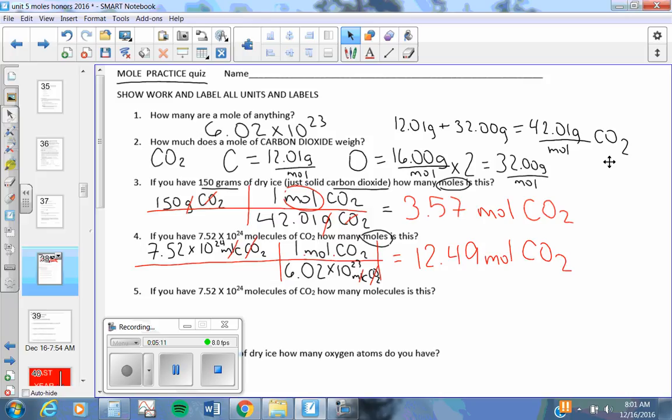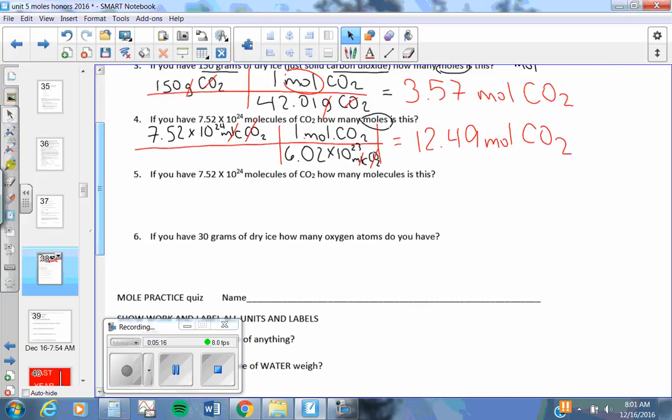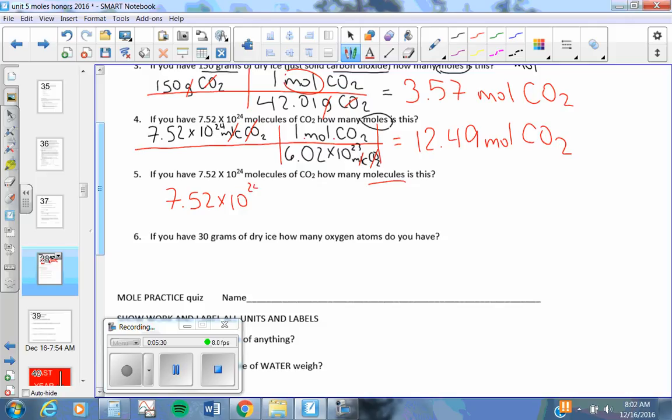The next question, we have 7.52 times 10 to the 24 molecules of CO2. In this question, it's just asking how many molecules this is. So if we look at this, we have 7.52 times 10 to the 24 molecules of CO2.